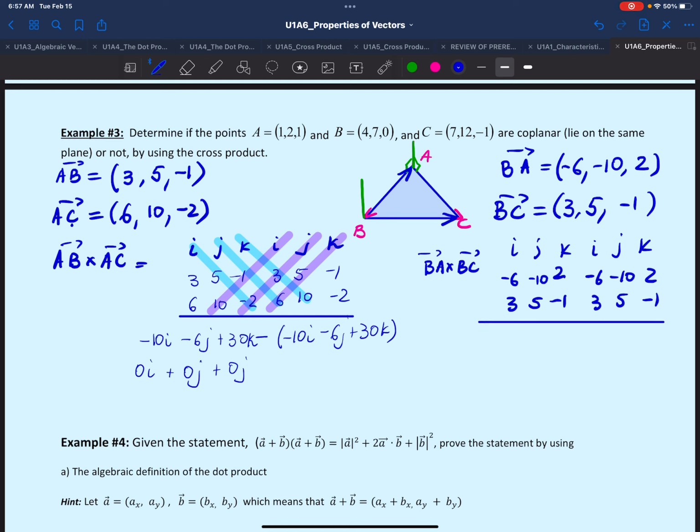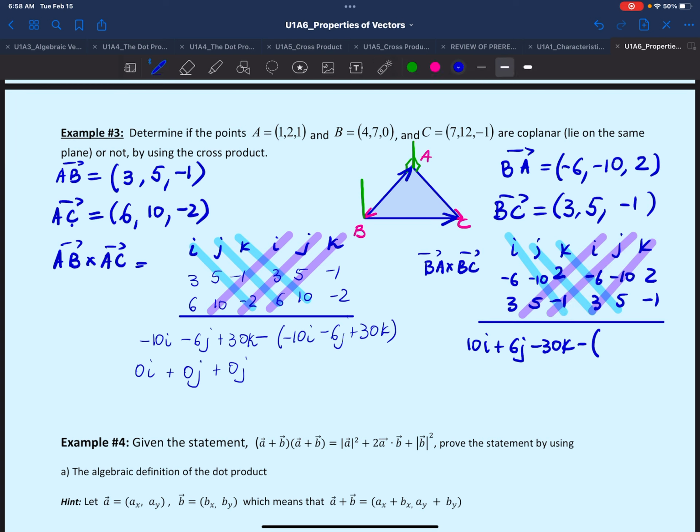Draw the line. Down products first. 10i, 6j, negative 30k. Take away. Up products next. So 5 times 2, negative 1 times negative 1, 3 times negative 10.